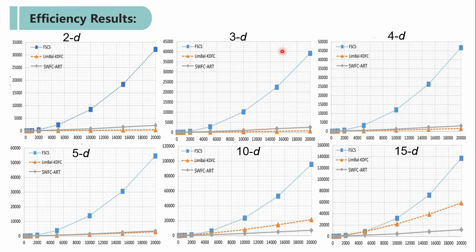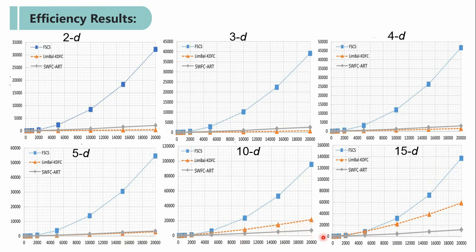However, when the number of input dimensions increases, for example on 5D input domain, FSCS-ART performs the same. However, Limbal KDFC and SWFC perform almost similar. And on high dimensional input domain, for example 10D and 15D, Limbal KDFC starts showing worse results, and its time cost starts increasing.